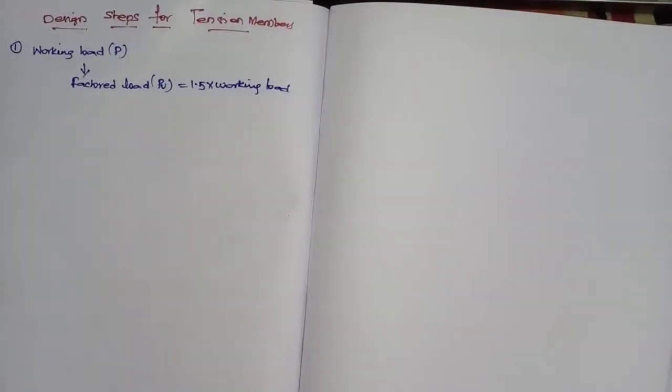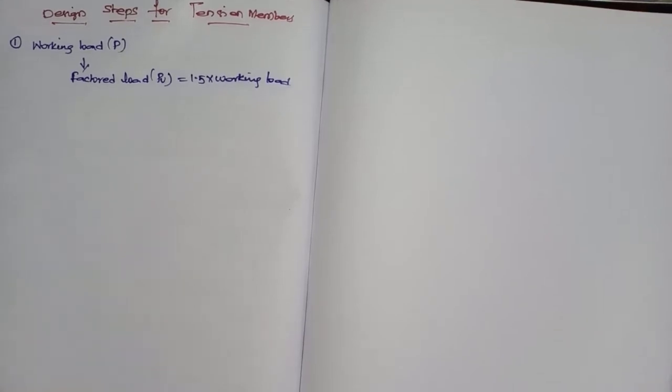This is the first step. Sometimes in problems they clearly mention to design a tension member for a factored load. In those situations, no need to multiply with 1.5. If it is not mentioned, it is considered a working load, so multiply with 1.5 to get the factored load.